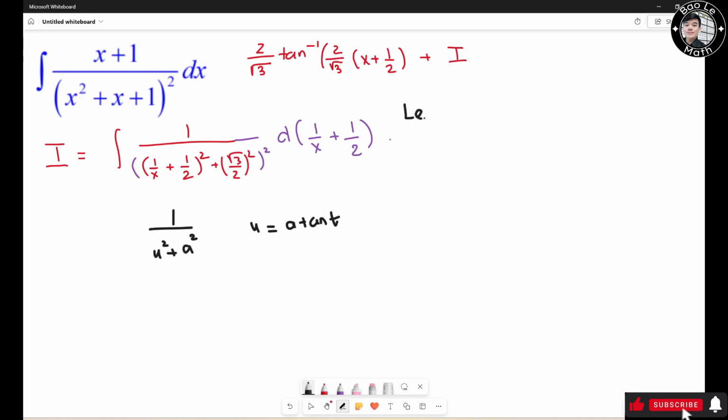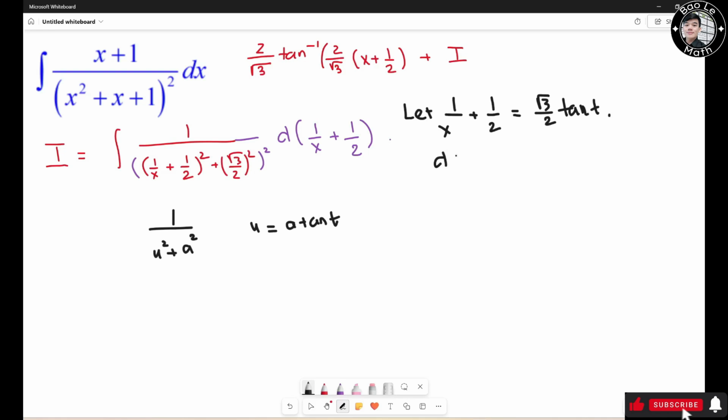We let 1 over s plus 1 half equals root 3 over 2 tangent t. Now we take the derivative of both sides.